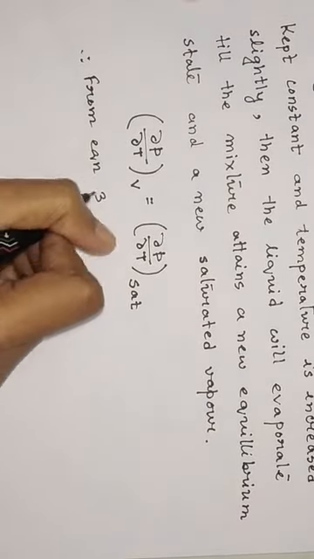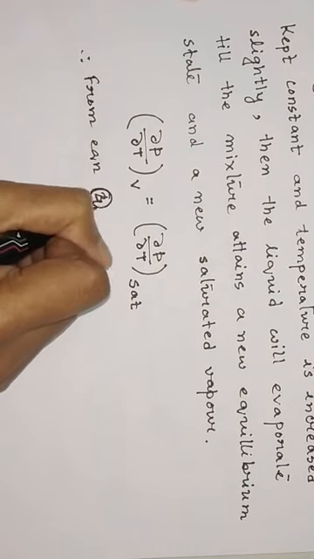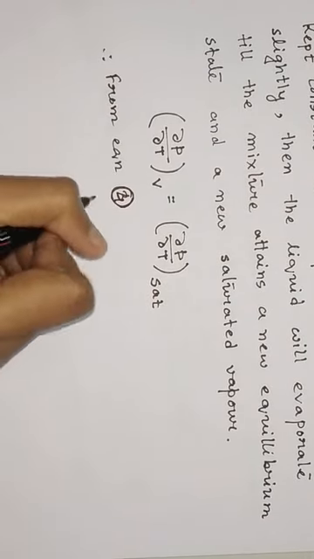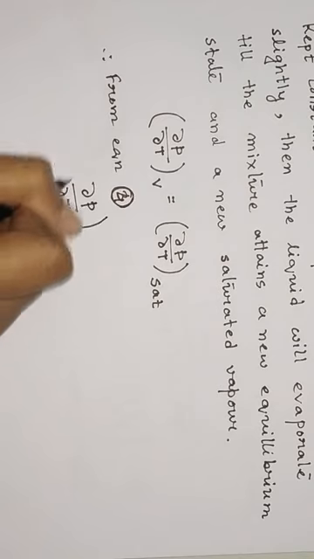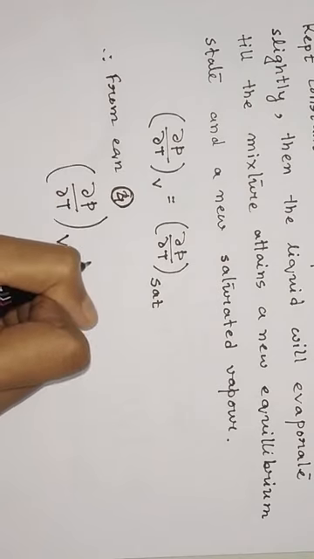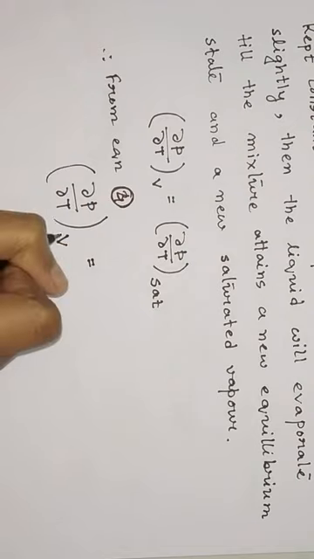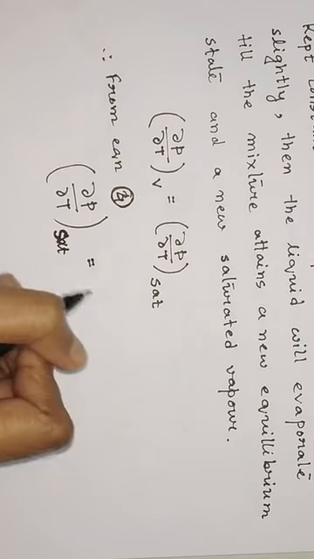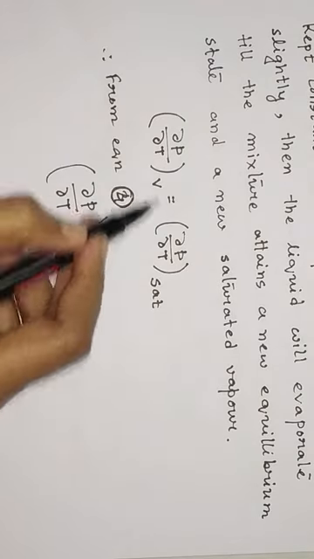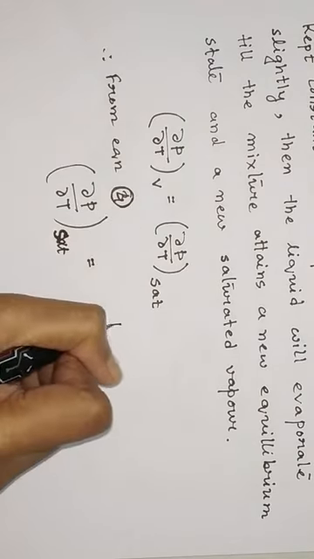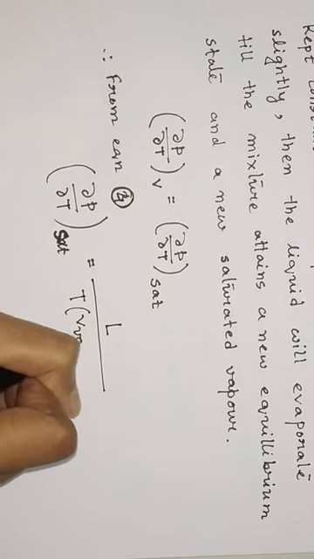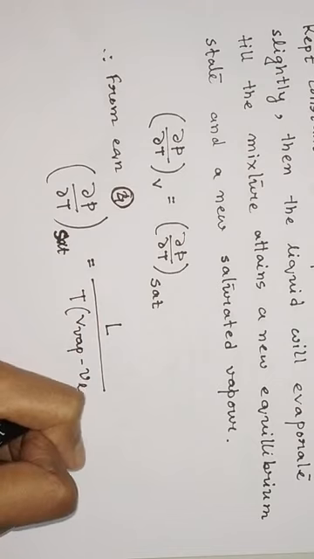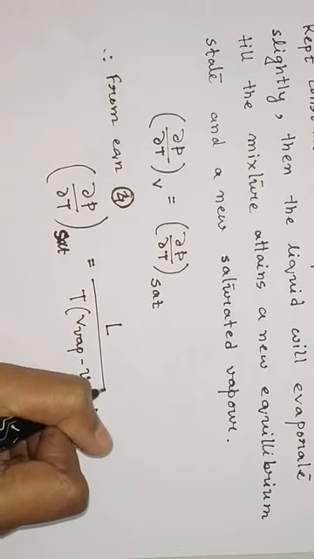From equation 4 we have del P del T at constant V, and here you can write saturation instead of V, because the rate is the same for any volume and the saturated volume, equals L by T into V vapor minus V liquid.